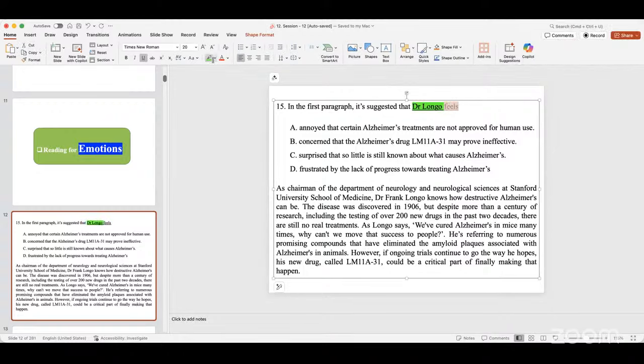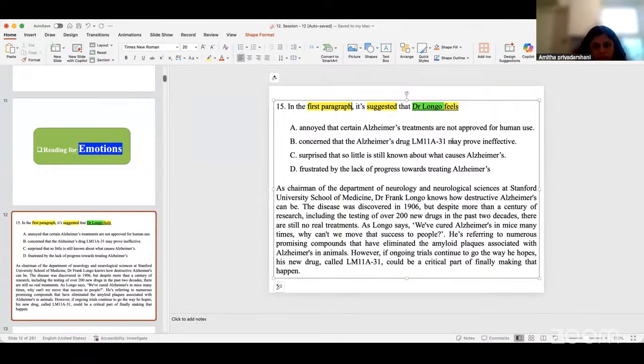What are the concepts? Option A: annoyed that certain Alzheimer's treatments are not approved for human use. What is the subject here? Main subject. Alzheimer's is the topic.